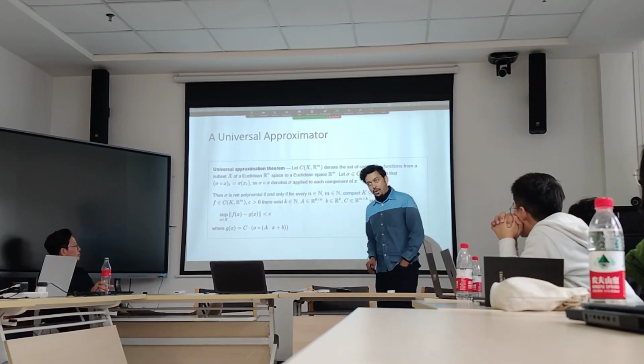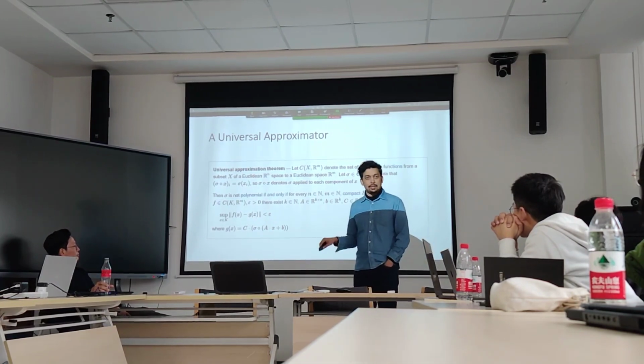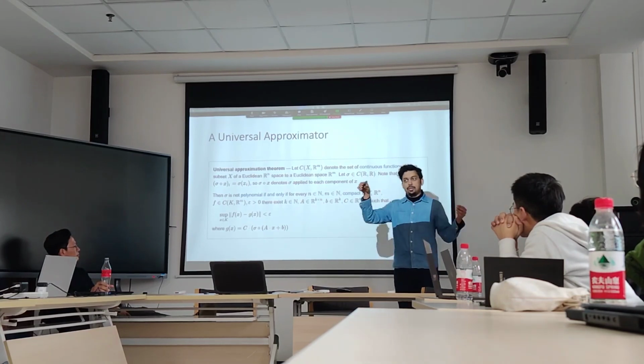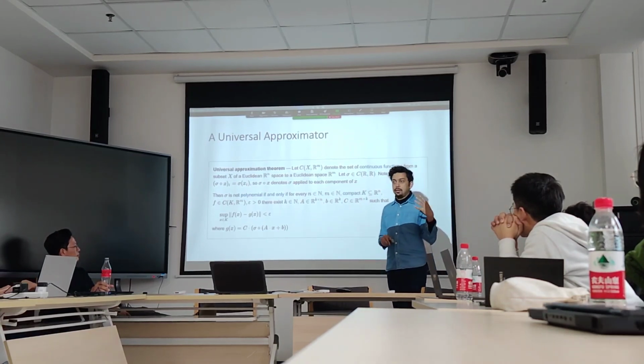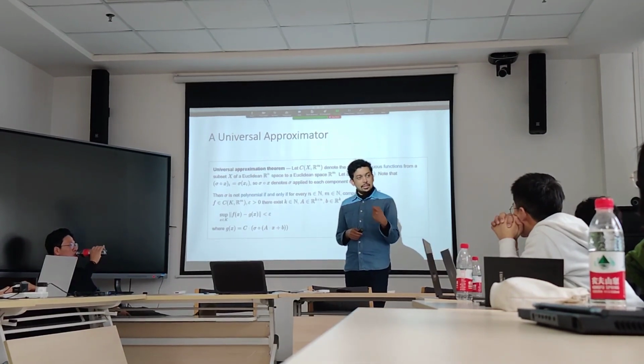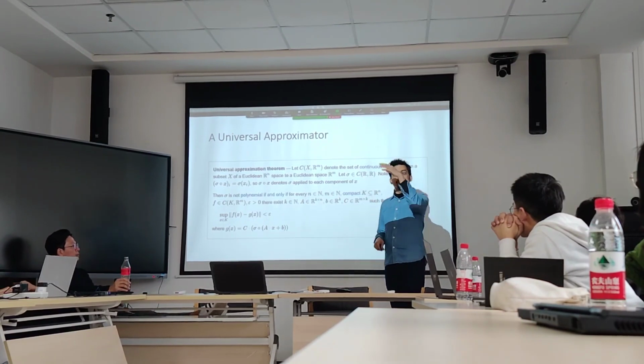Now, I will not go too far into the details, but it's a little bit like a polynomial approximation. There is a mathematical result that says that if I have an arbitrary function, I can choose a polynomial of sufficiently high degree so that I can approximate this function with arbitrary accuracy.